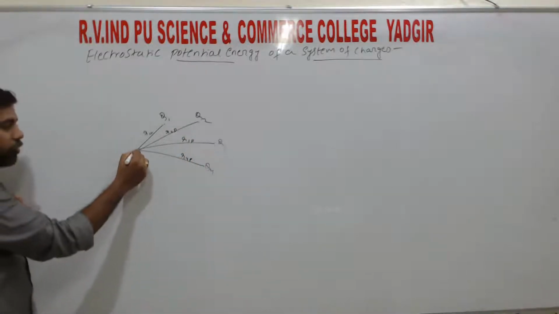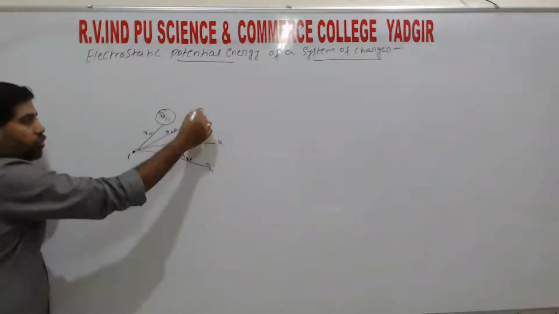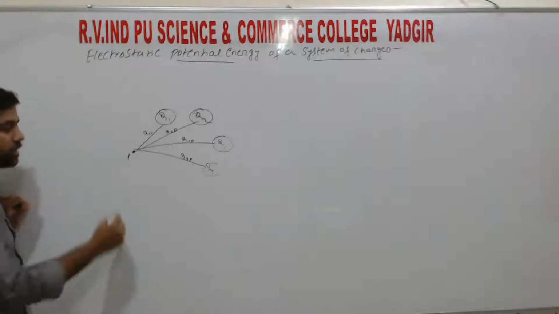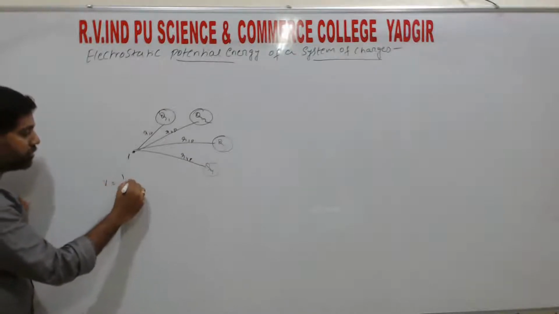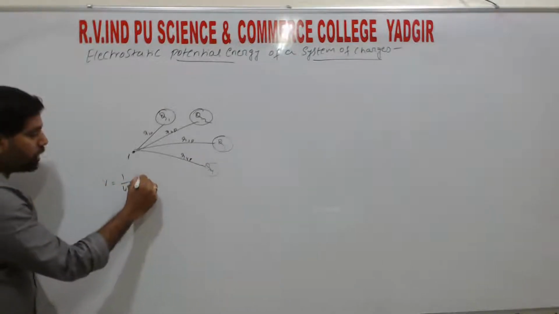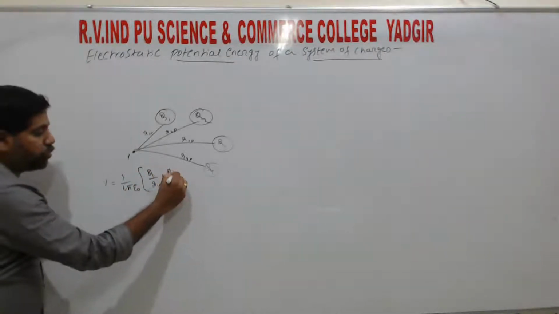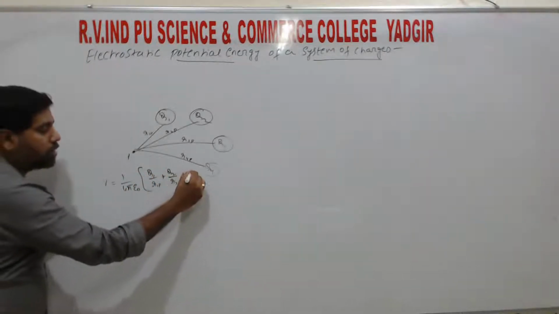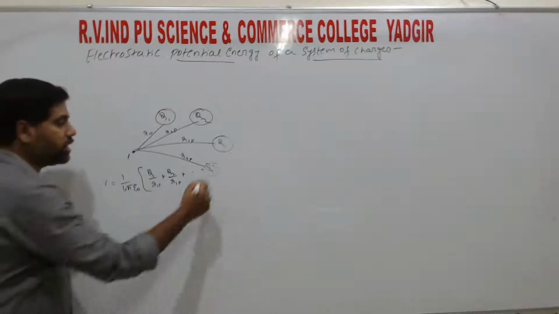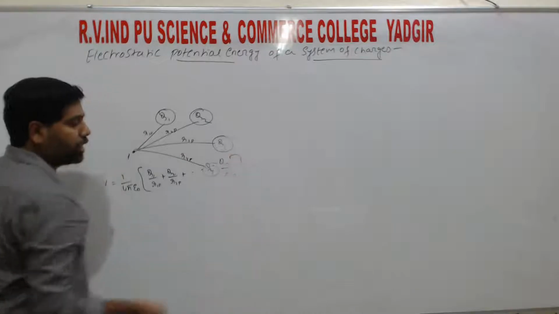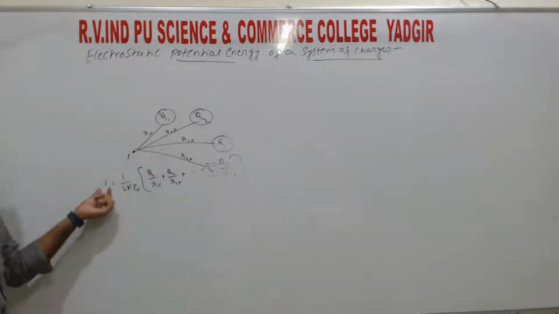So here we are going to find the electrostatic potential due to these charges. We call these charges a system of charges, right? So for that we have the relation V is equal to 1 by 4 pi epsilon naught, q1 by r1p plus q2 by r2p and so on. If we have n number of charges, we have qn by rnp, right? So this is about the potential.